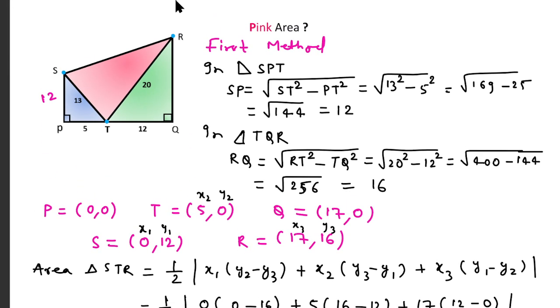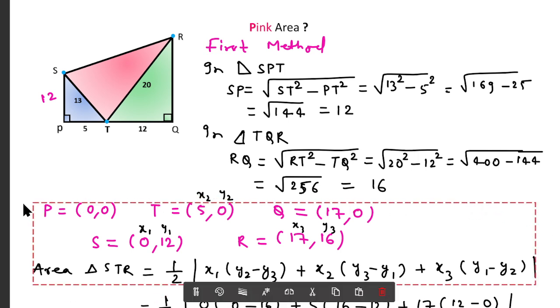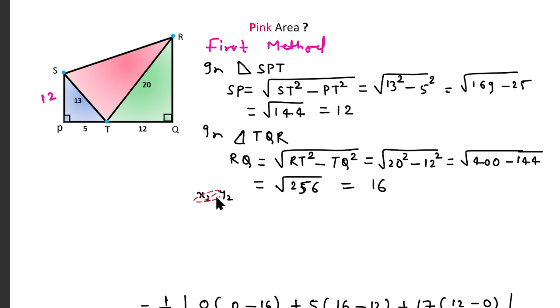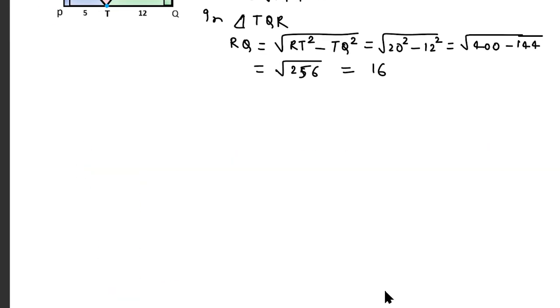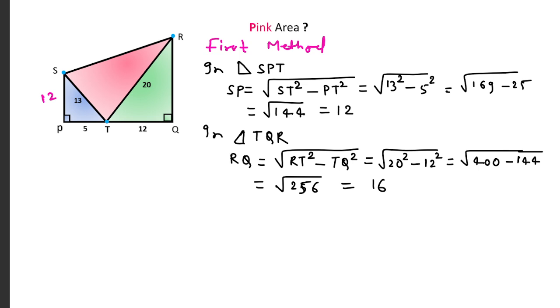So for this I will erase some parts so that we can understand. Okay, now see this, more parts I will erase. As we have already calculated the length of SP and RQ, that is 16, now I will find the area of this right angle triangle SPT.